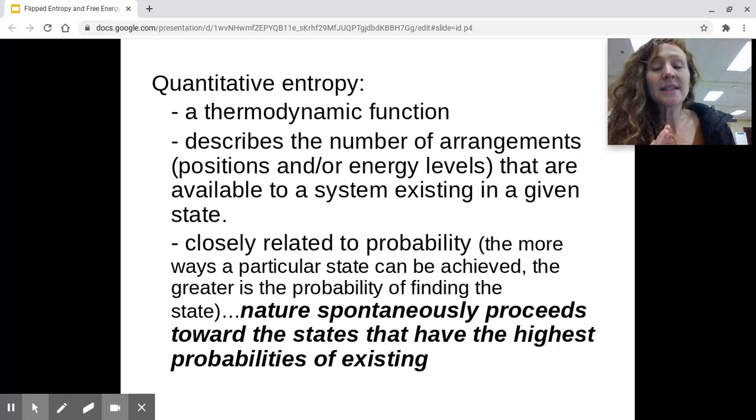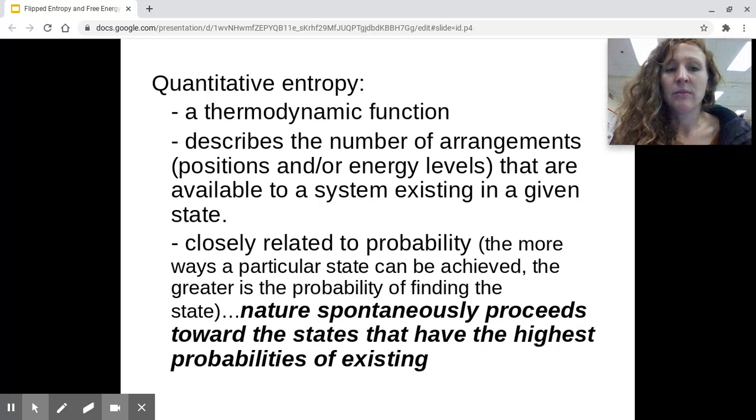Now, quantitatively, we can deal with entropy as it pertains to probability. And in describing entropy, I had a difficult time describing what the concept of entropy was without introducing this idea of probability, right? So let's look at that a little bit more closely.